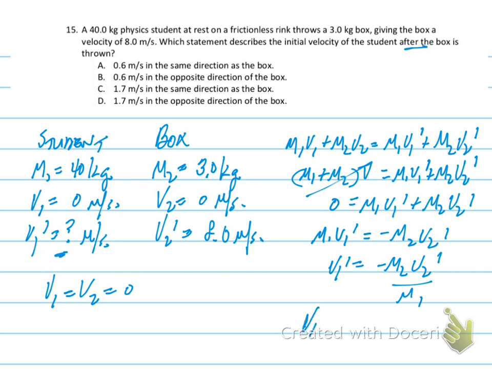And we get v1 prime equals negative mass 2, which is 3, times 8, divided by the student's mass, which is 40: negative 24 over 40, which is negative 0.6. And since it's negative, it's going in the opposite direction.